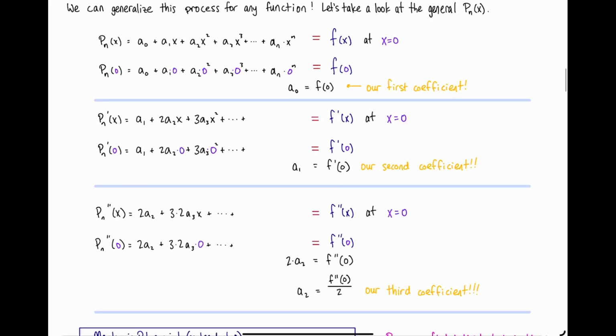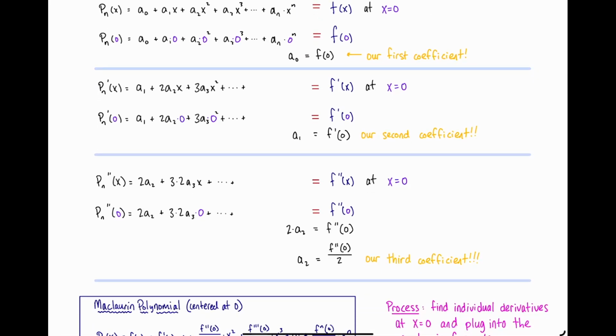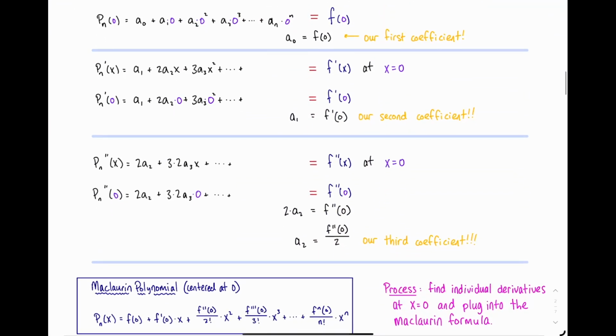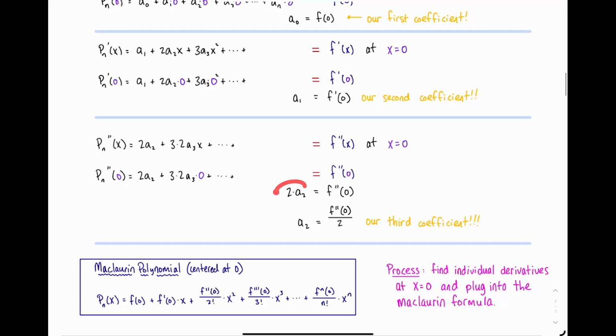Continuing on here, we have our next derivative over on this side. That 2 was introduced here, that 2a sub 2. And so up here in my e to the x, I had to divide by that 2 and got a 1/2. I divided by 2 on both sides. And I'll do the same thing here. I get 2a sub 2 is my second derivative. So I just divide and I get my third coefficient.